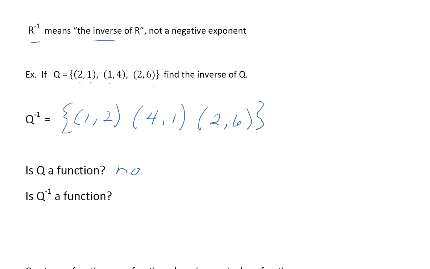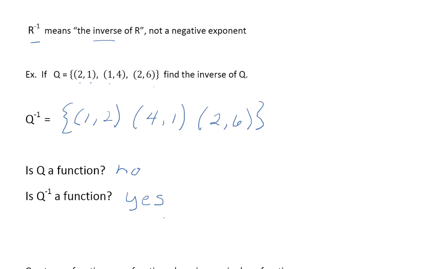How about its inverse? Is Q inverse a function? Well, just checking, 1 maps to 2, 4 to 1, and 2 to 6. So this is fine. Is Q inverse a function? Yes. So sometimes they'll both be functions, and sometimes just one will be, or perhaps neither one.